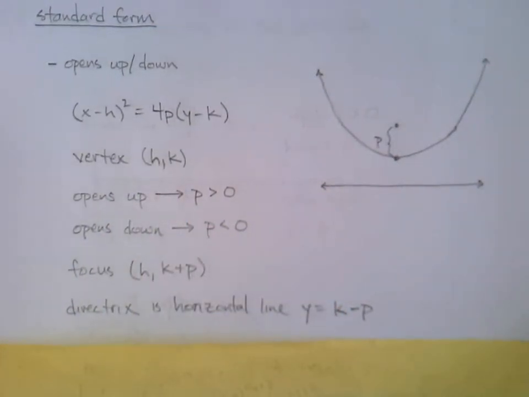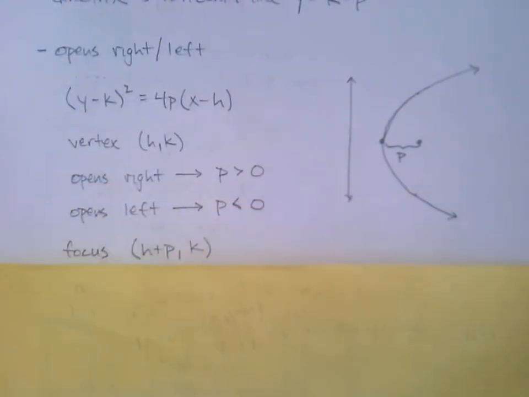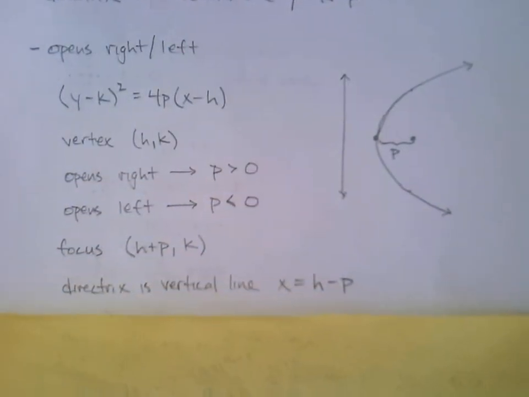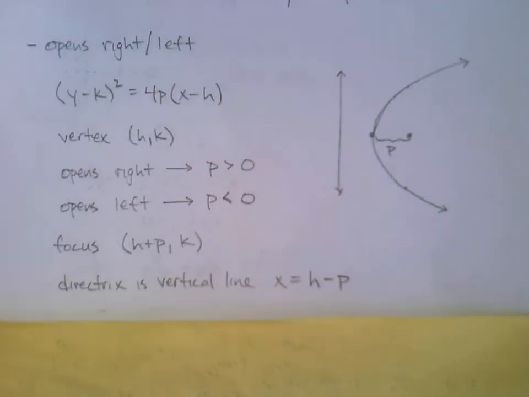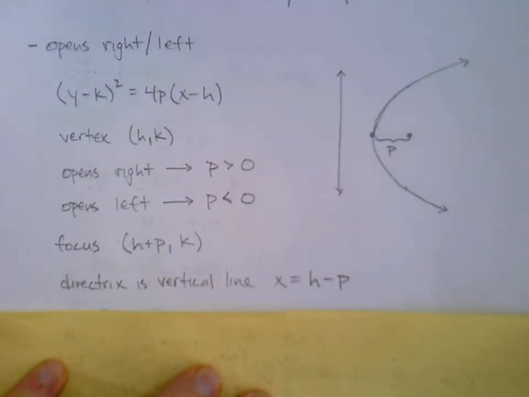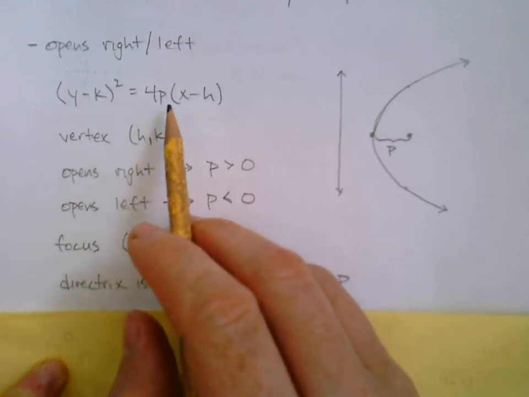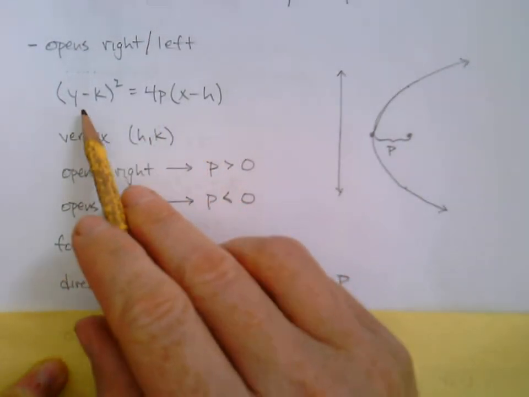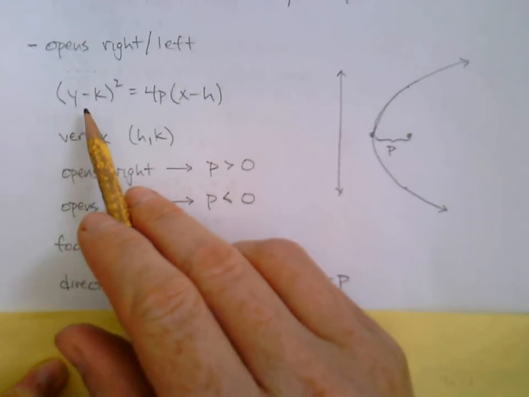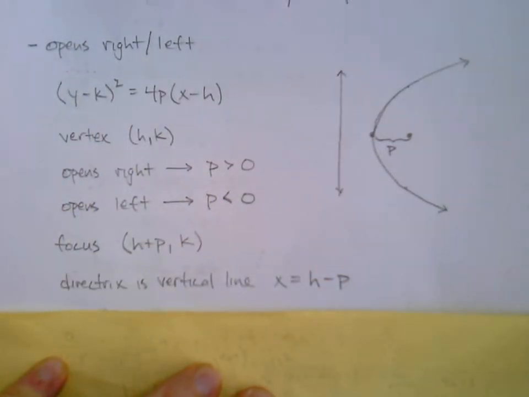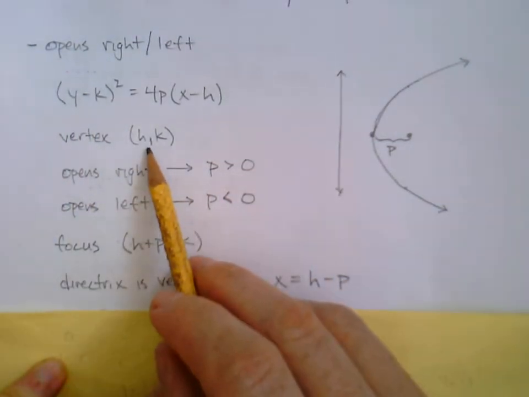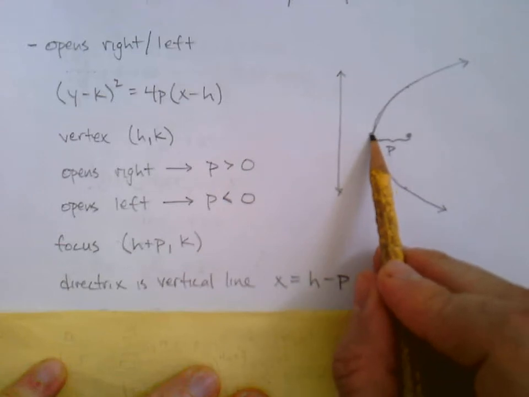Okay. But there's another variety of parabola when it opens to the right or possibly to the left. In this case, the equation we think of as y minus k squared equals 4p times x minus h. So we've just swapped x minus h and y minus k. The vertex is still (h, k) right here.